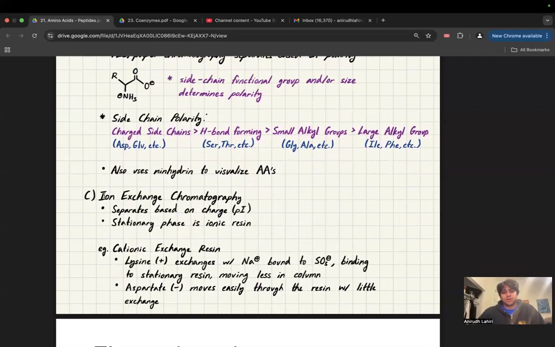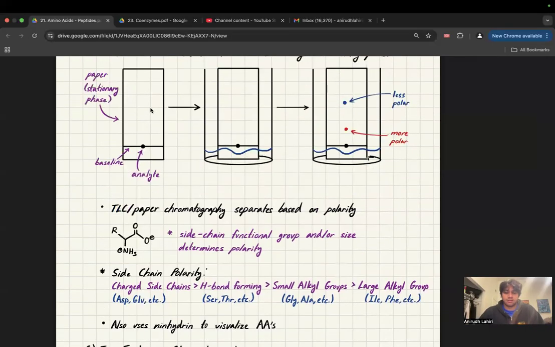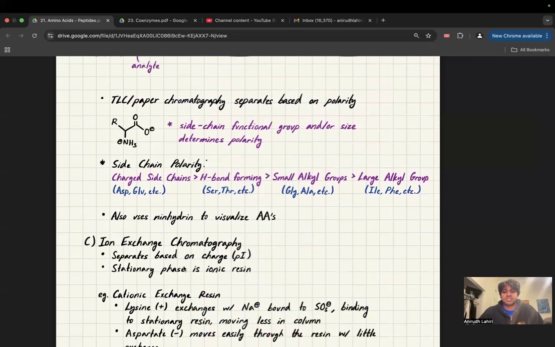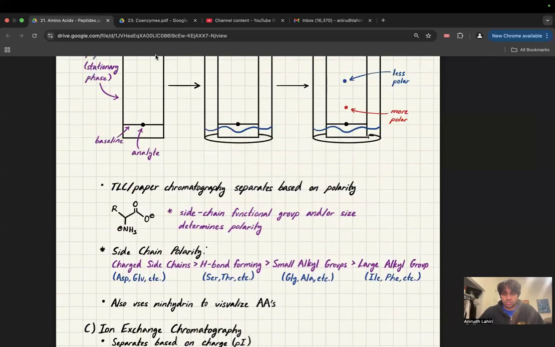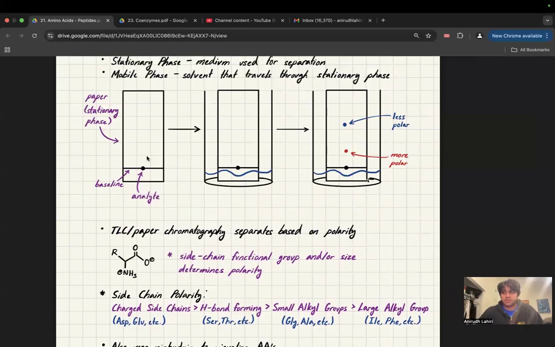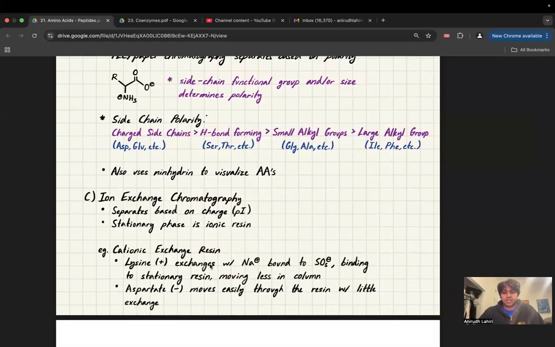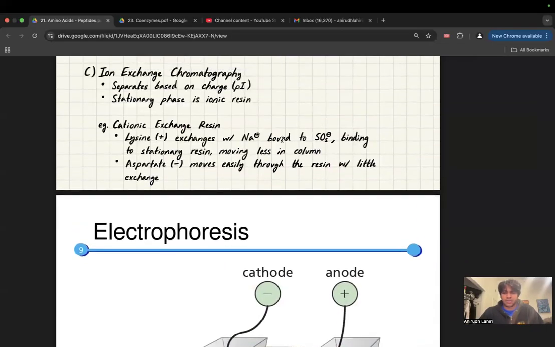Okay. Another technique we can use is ion exchange chromatography, in which we separate amino acids based on their pI. This is an example of chromatography where the stationary phase, this piece of paper, is an ionic resin, right? If it's a cation exchange resin, then we have a negatively charged stationary phase. So this paper is negatively charged, okay? You don't have to terribly understand the specifics associated with the counterions.